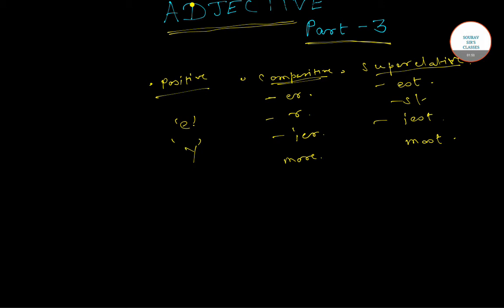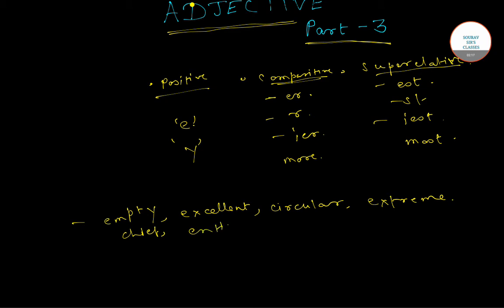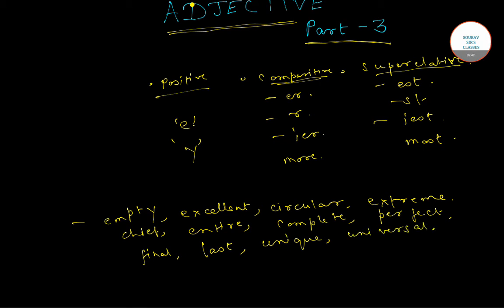For example, the adjectives like empty, excellent, circular, extreme, chief, entire, complete, perfect, then final, last, unique, universal, then there is round, square, triangle, that is the shapes.